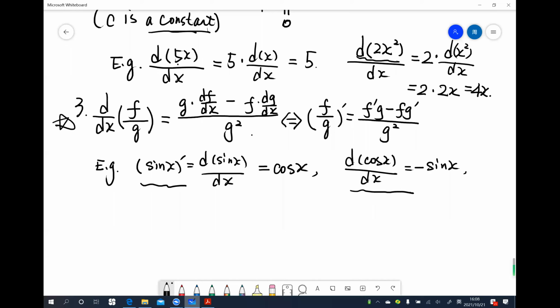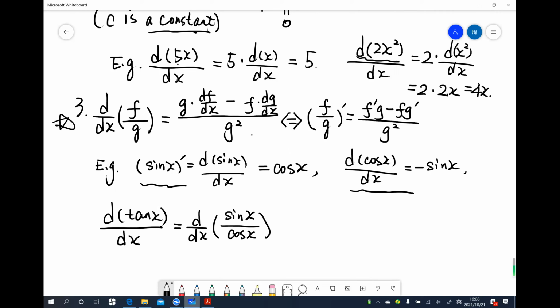So now we want to find the derivative of the function tangent x. First you know that tangent x equals sine x by cosine x, right?